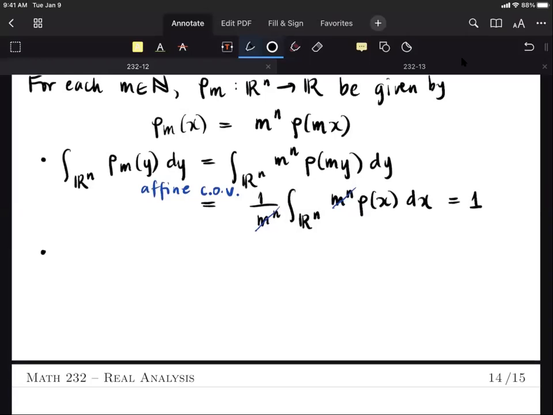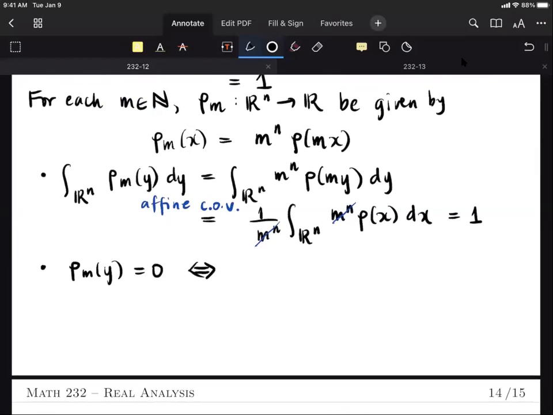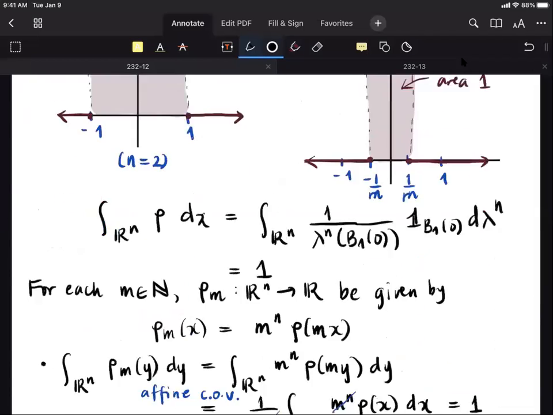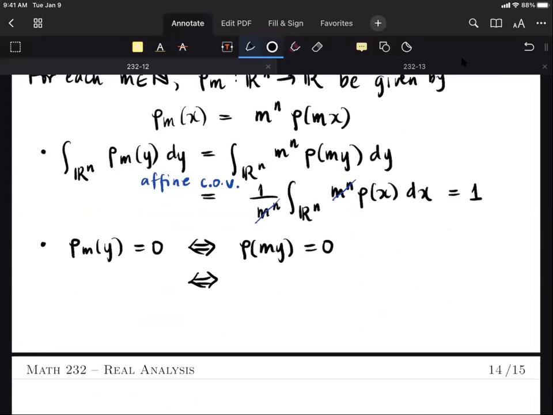Also, take note that rho m of y is 0 if and only if rho of my is 0, and this is equivalent to, okay, so take note that rho is 0 outside the unit ball, so this is 0 if and only if the Euclidean norm of my is greater or equal to 1.